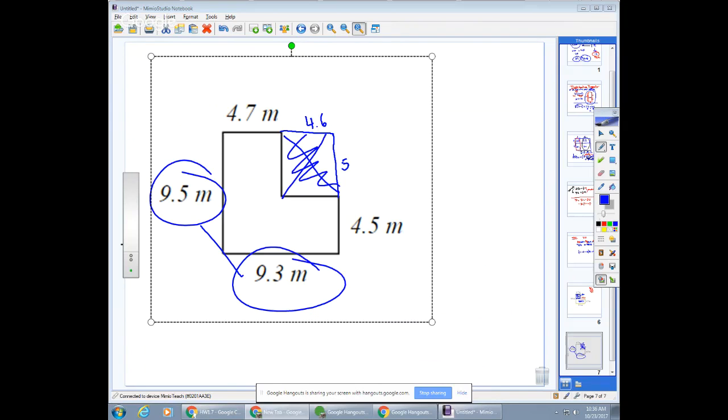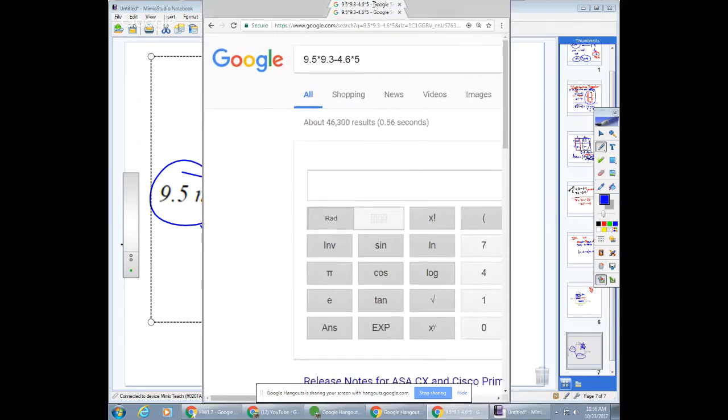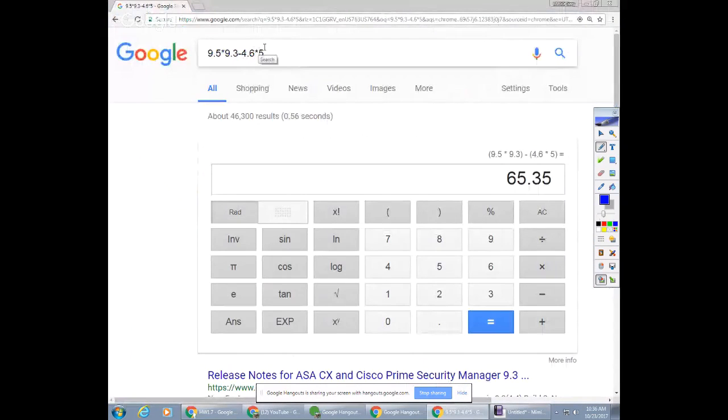Bring up that one. Calculator. So 9.5 times 9.3, take away 4.6 times 5. So the first time through, I tried taking the big area and subtracting that little one off, and I got 65.35.